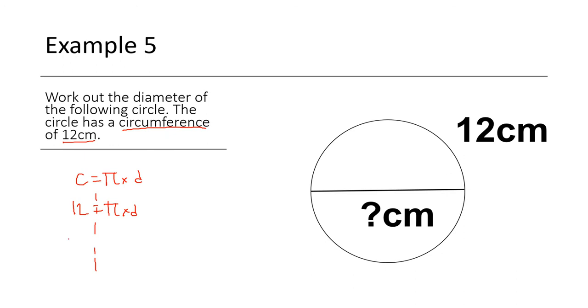At the moment, it's multiplied by pi. So we have to do 12 divided by pi equals d. So 12 divided by pi will give us an answer of 3.8197 is equal to the diameter, and rounded to one decimal place, we get 3.8 centimeters is equal to our diameter.